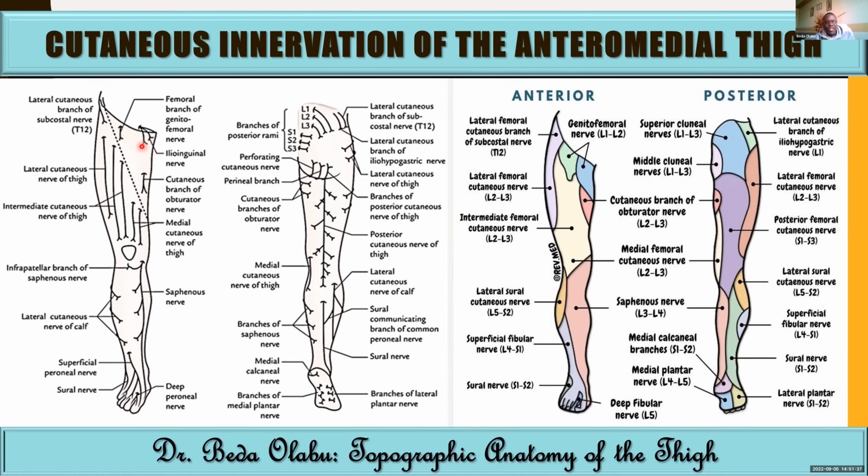We also have the ilioinguinal nerve in that territory. And you have the obturator nerve. Those three nerves help to supply the skin of the proximal medial thigh: the femoral branch of the genitofemoral nerve, the ilioinguinal nerve, and the obturator nerve. And their territories are indicated in that particular image there.